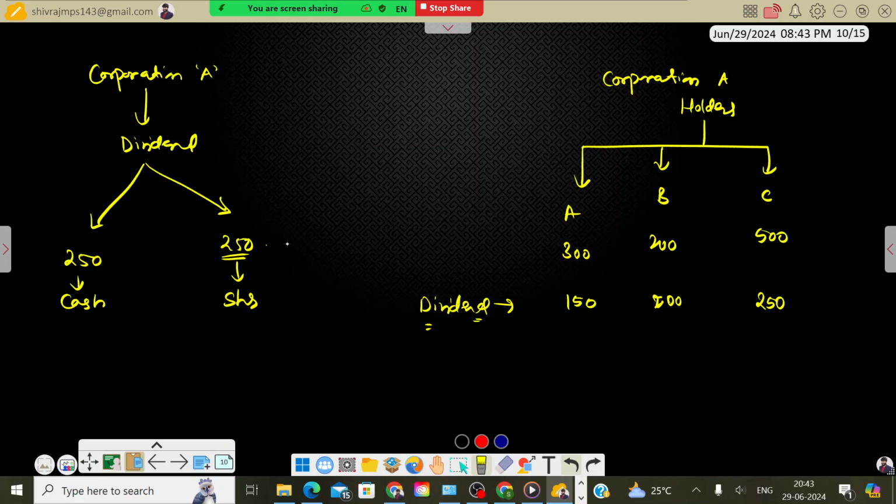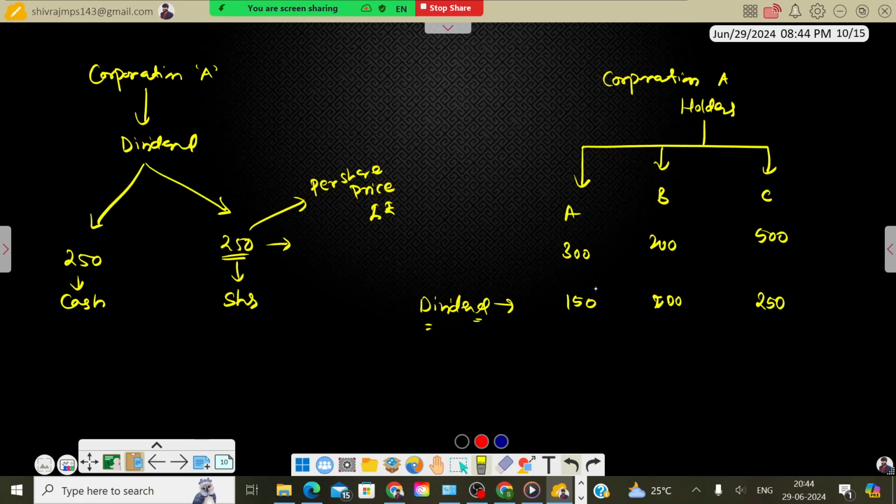So basically the per share price is 1 rupee. So each shareholder will receive shares as well as cash. Right, so shareholders will receive cash as well as stocks, both.